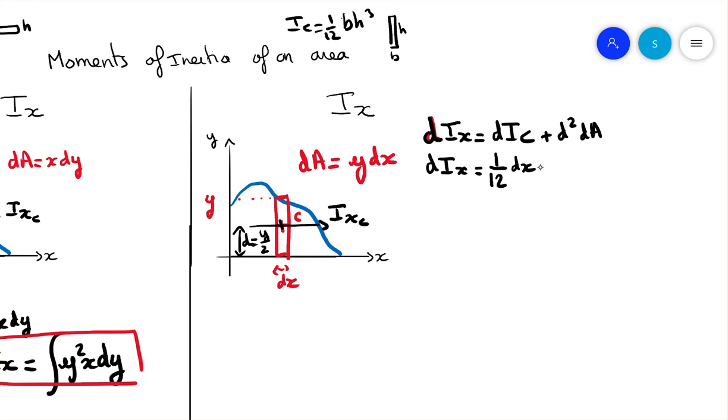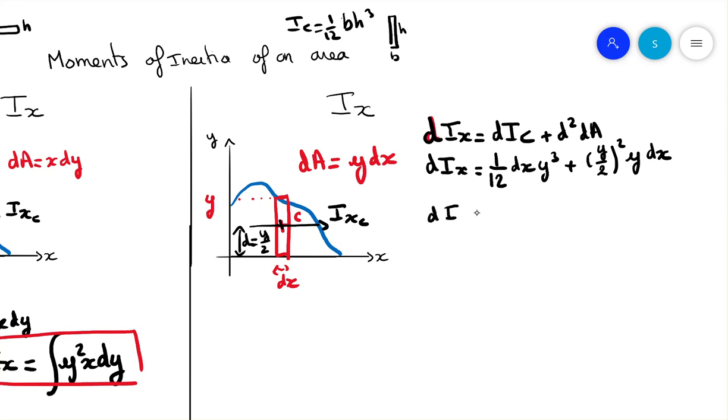What is h? It is y cube, plus d square. d is y divided by 2, so y divided by 2 squared, and the dA I found there is y dx. And now, in this case, we don't take the cube of dx, we take the cube of y. So we cannot assume that is 0.